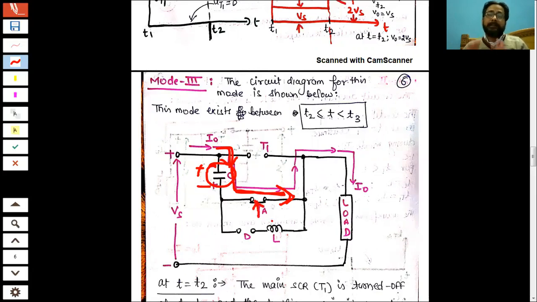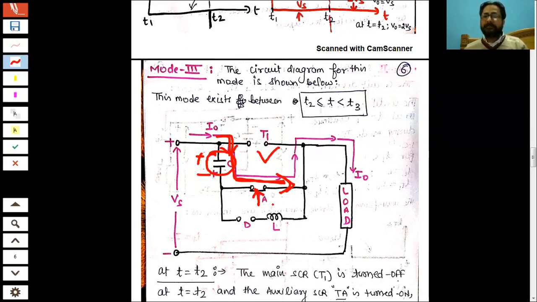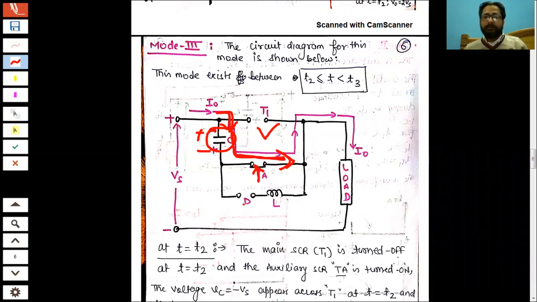Okay, so this SCR is also turned off. This means at the end of mode 3, your main SCR is off, though it is in the favorable condition to turn on. You can turn it on if required, but it is not turned on. You have not triggered the main SCR. Your auxiliary SCR is also turned off. Now your diode was turned off, but no current will flow here because the capacitor current is not getting any path.